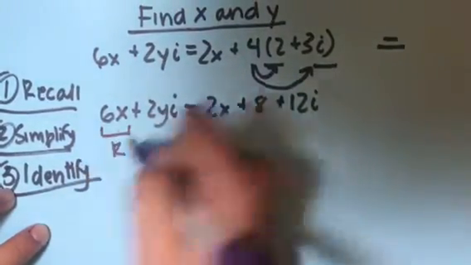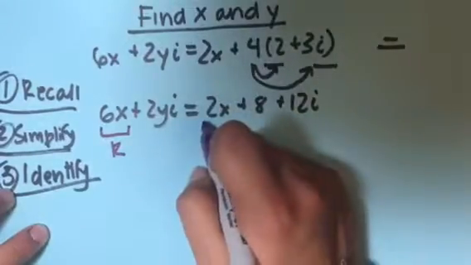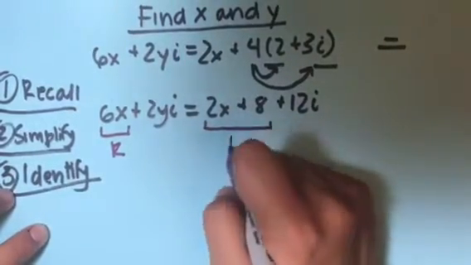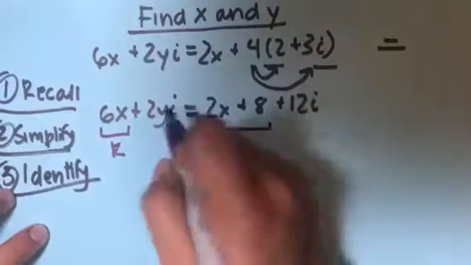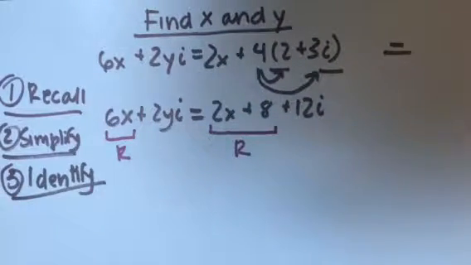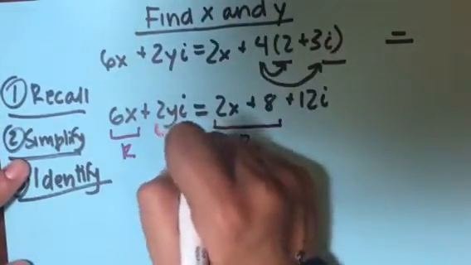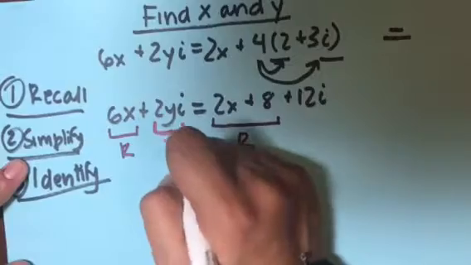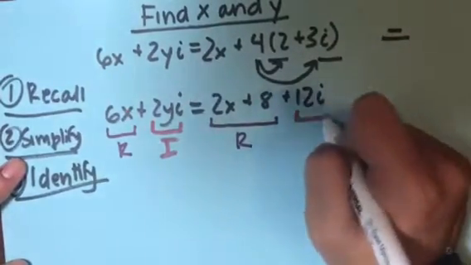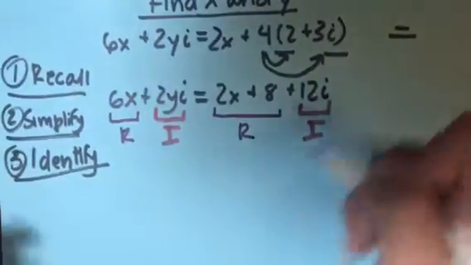And also, the 2x plus the 8 are also real, because they don't include an i. But the ones that do include an i, those would be the imaginary numbers. So the 2yi would be imaginary, and the 12i would be imaginary as well.